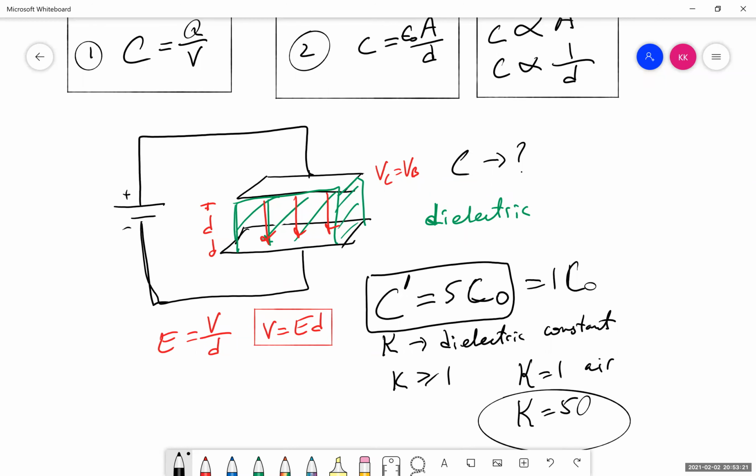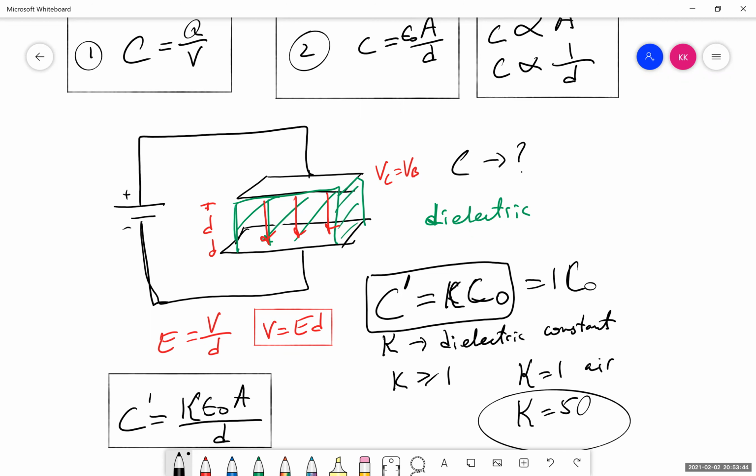So the equation is C prime equals kappa times the original C naught, which means kappa epsilon naught A over D. This is then the general equation for the capacitor, where kappa equals 1 is an air-filled capacitor, and kappa equals 5 is maybe Teflon or something like that.